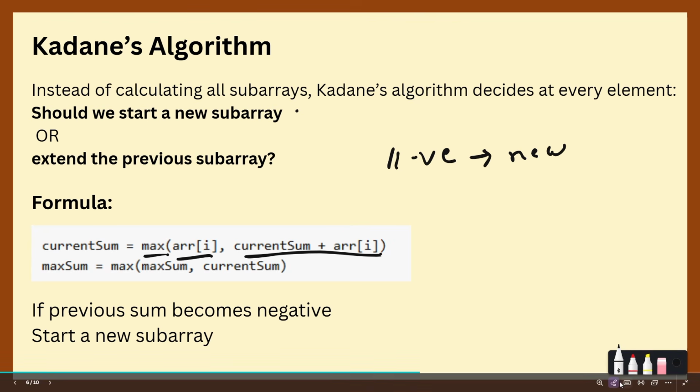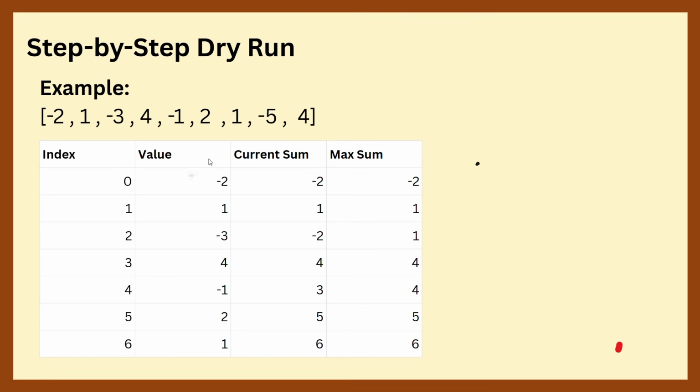Now let's see the dry run. Let's dry run this example step by step for Kadane's algorithm. Initially, for index value 0, current sum is declared as array of 0, that is minus 2, and maximum sum is also minus 2.